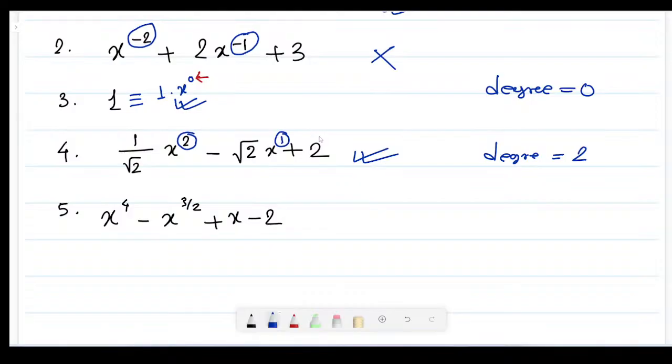In this expression, here the power is 3 by 2, which is not a positive integer, because 3 by 2 is a rational number, not an integer.